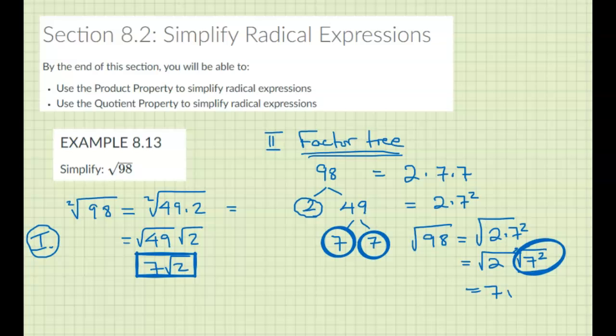But this one can't be simplified anymore, and we write it like that. Usually with smaller numbers you can do it a little bit quicker with the first method, but if your numbers are larger, the factor tree is really useful.